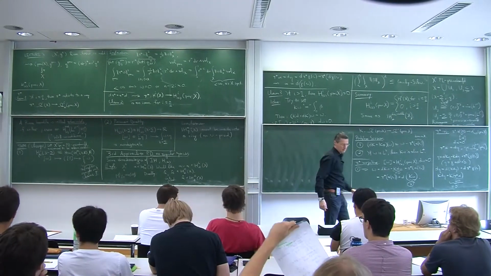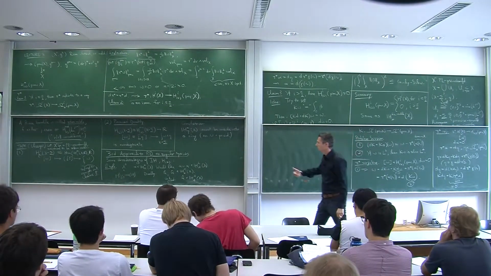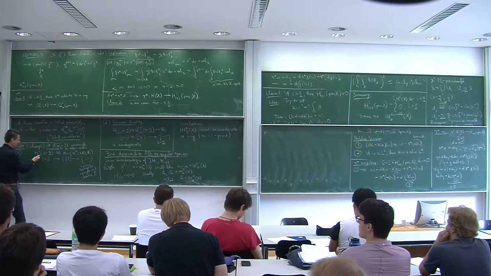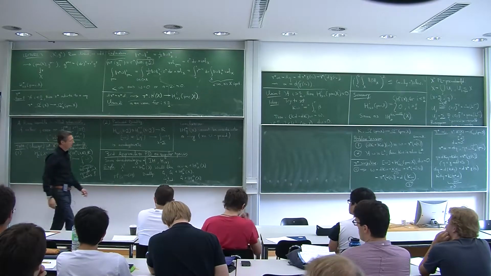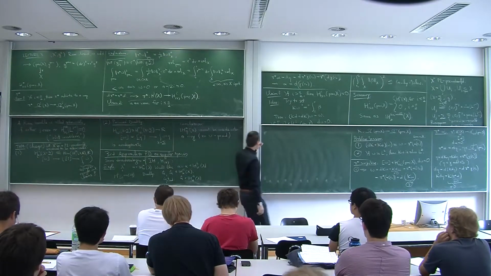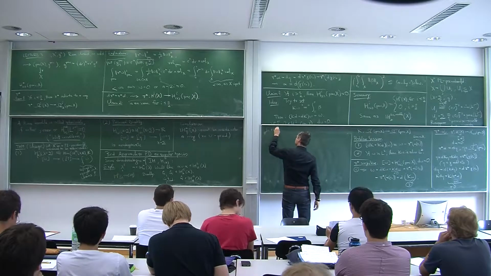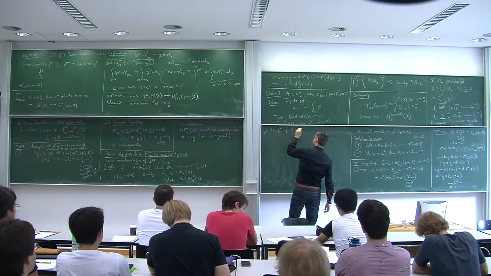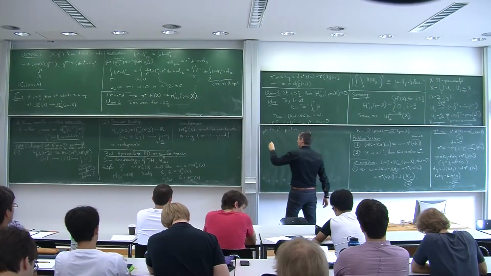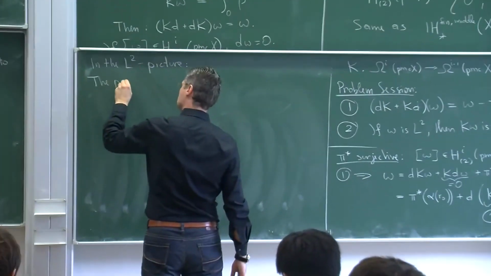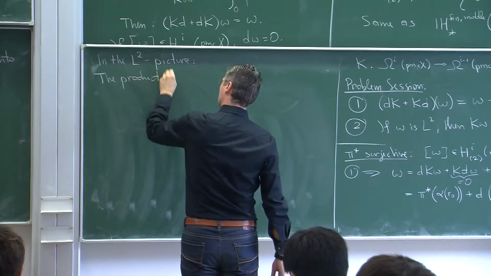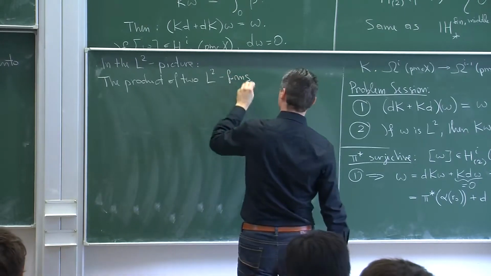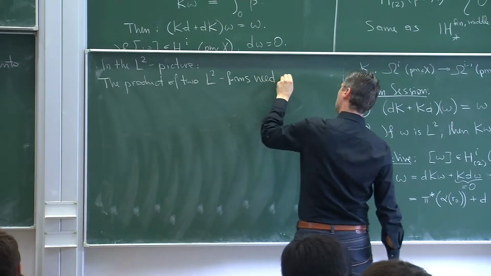And similarly, since we have this isomorphism, you can make arguments like that also on this side, because notice that in the L2 picture, the product of two L2 forms need not be L2.